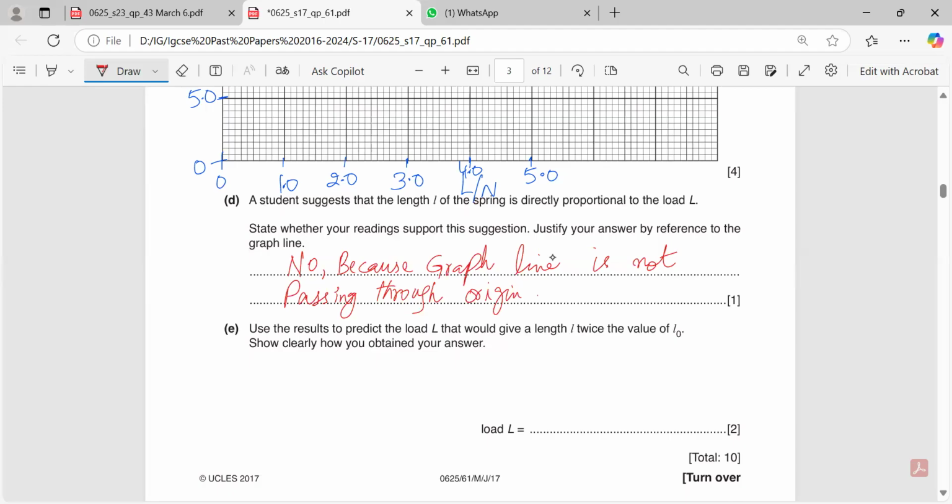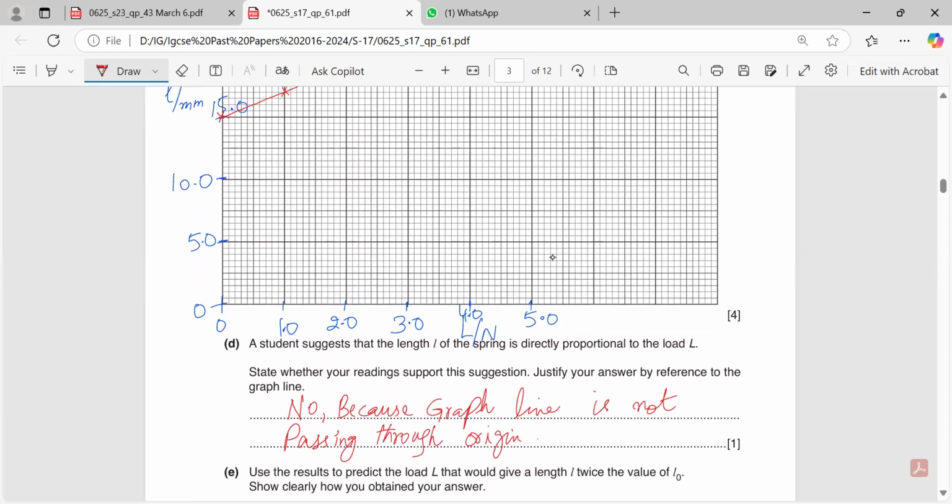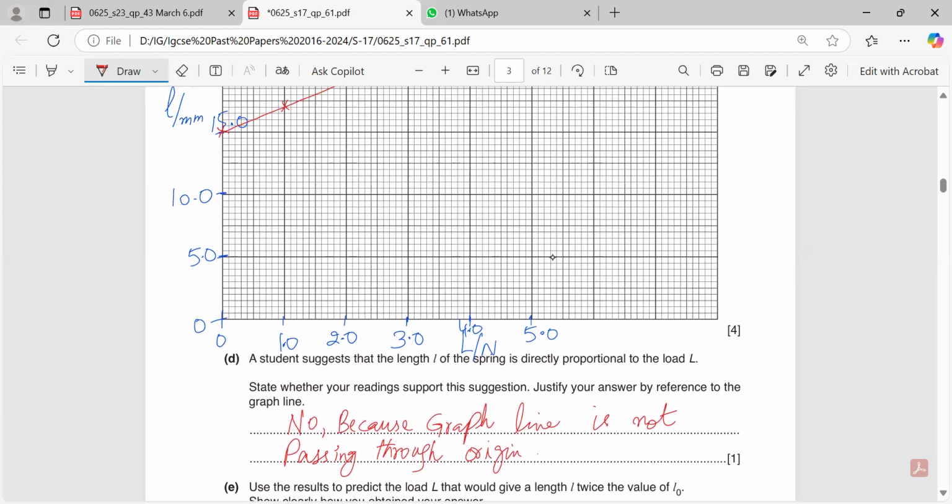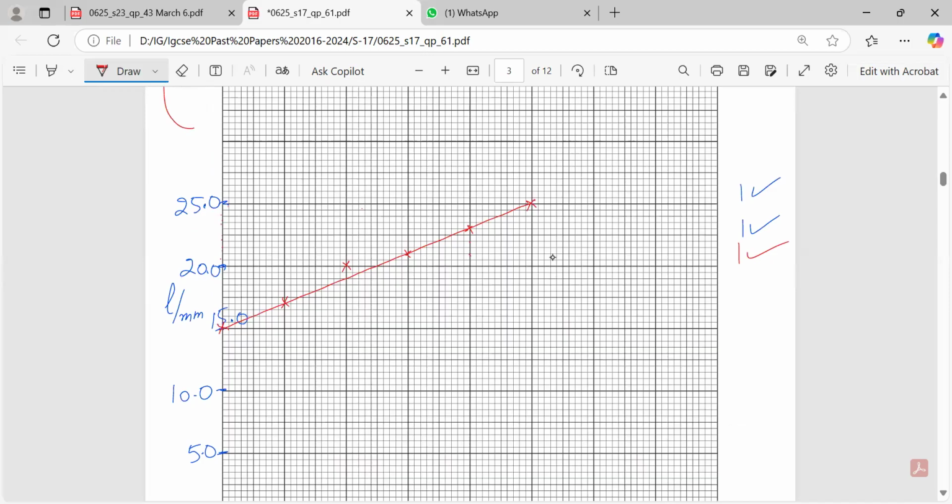Use the results to predict the load L that would give a length L twice the value of L0. Now L0, the original length, is 15. Twice its value means 30. And where is 30?